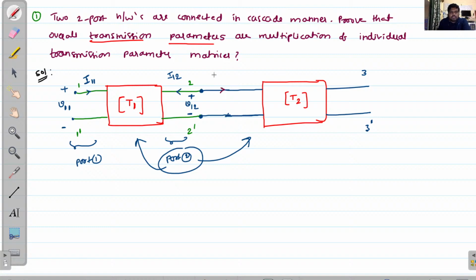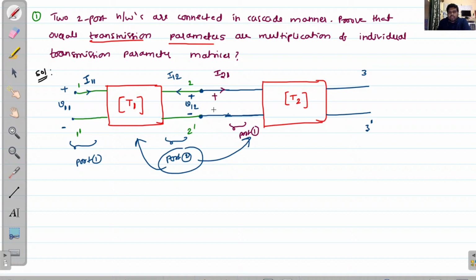This one is I2, which is related to the second two-port network, and this can be considered as port 1 of the second two-port network.